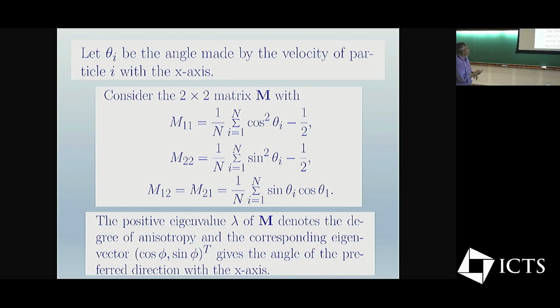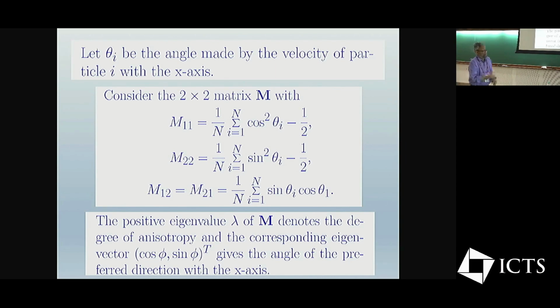I've just written it down there; it's something which is very standard. One diagonalizes this traceless matrix, so there is one positive and one negative eigenvalue. The positive eigenvalue tells you about the degree of this anisotropy, and the corresponding eigenvector tells you which is the preferred direction.